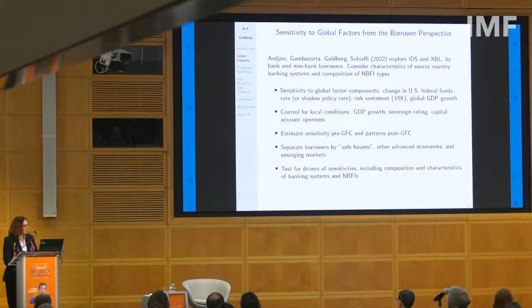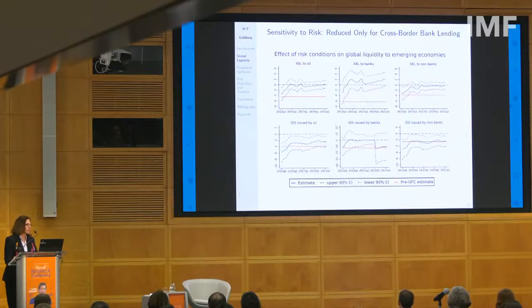We estimate sensitivities pre-global financial crisis, patterns over time post-global financial crisis, separate out borrowers by these three groups: safe havens, other advanced economies, and emerging markets, and then test for drivers of the sensitivity, focusing on composition questions and characteristics of banking systems and the non-bank financial intermediaries.